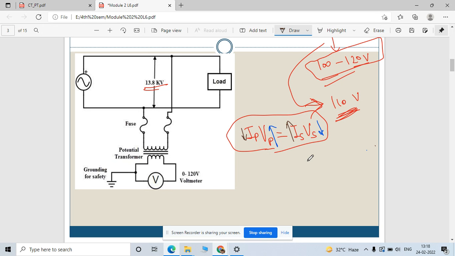So as you see here, the secondary current is high. If the secondary current is very high, then you need to set a small resistance here, because our aim is to measure the voltages, not to increase the losses, right?